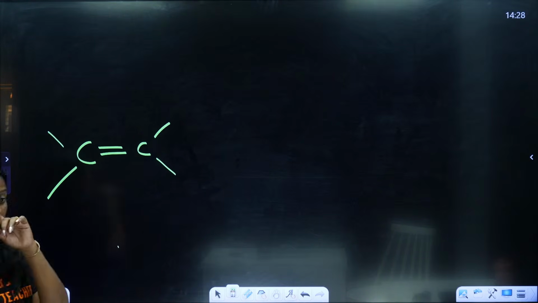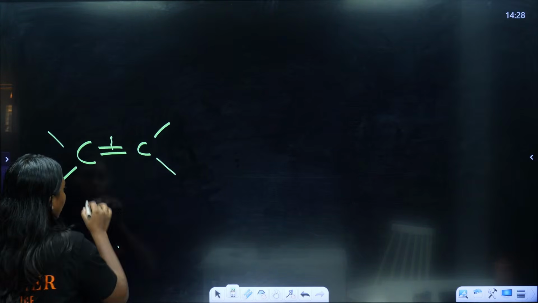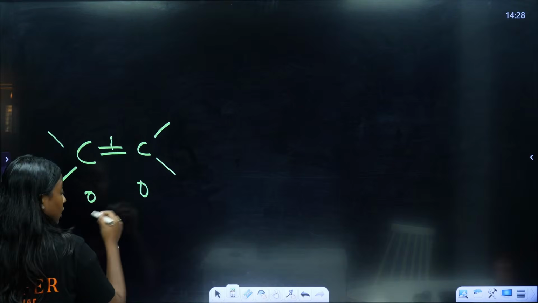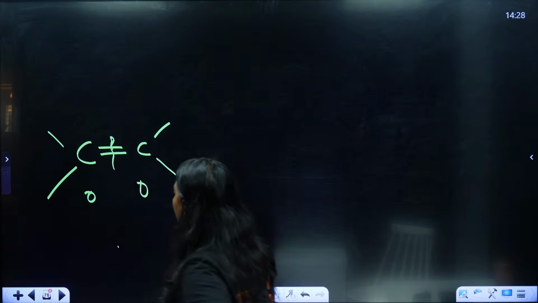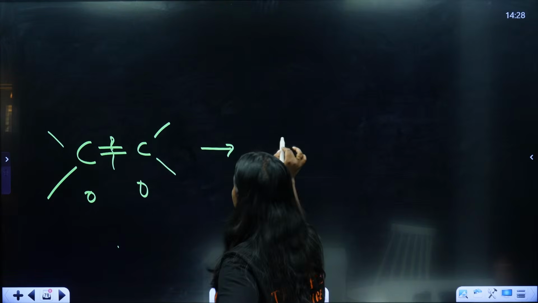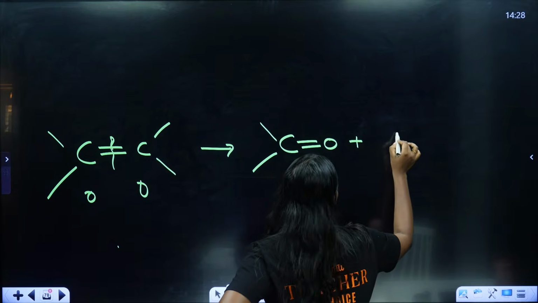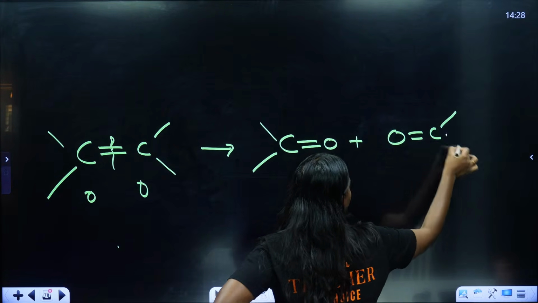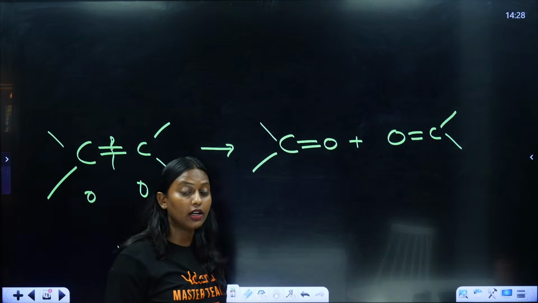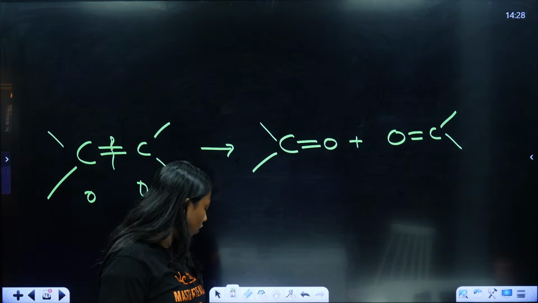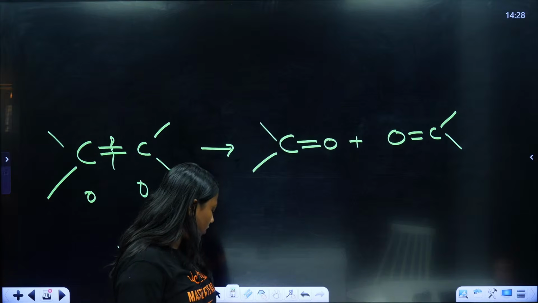First we are discussing reduction. What will happen? Simple, this bond will break, with addition of oxygen. It's not just the double bond, the complete bond will break. This will be your product, in reductive ozonolysis.